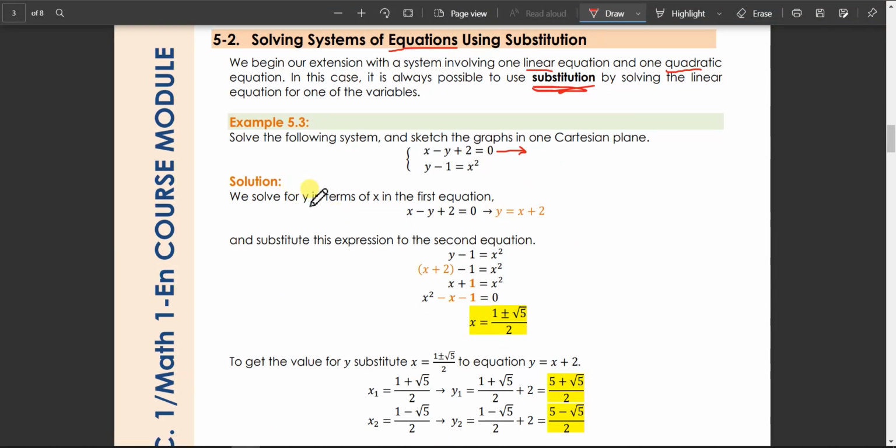So we solve for y in terms of x in the first equation. So if you're going to use the substitution method, always manipulate the linear equation, which is kaning first equation. So katong linear kay masayon siya i-manipulate because wala siya nag-involve og squared.